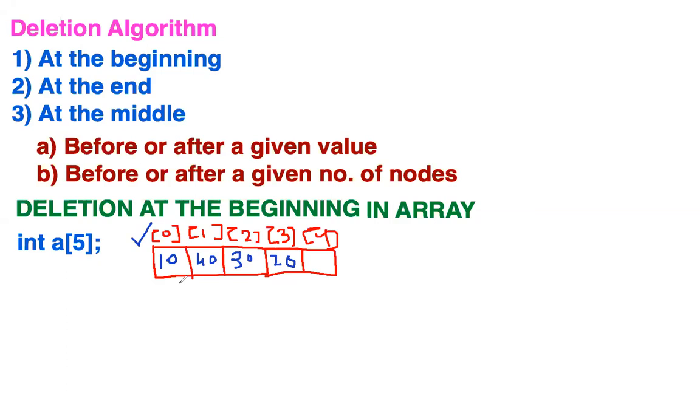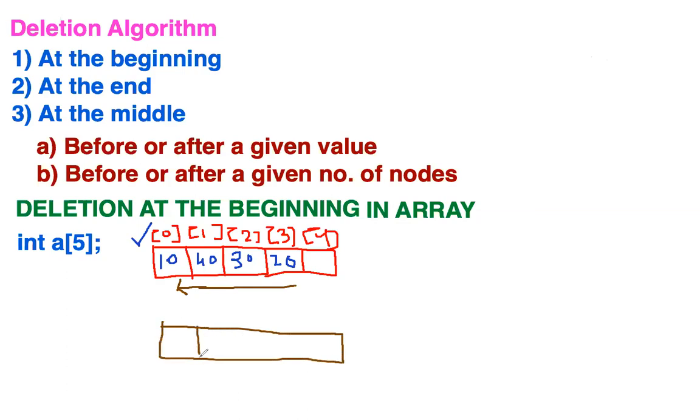To do that, we have to shift all the elements on the right hand side of index 0 to the left. Once that is done, we get a new array like this.